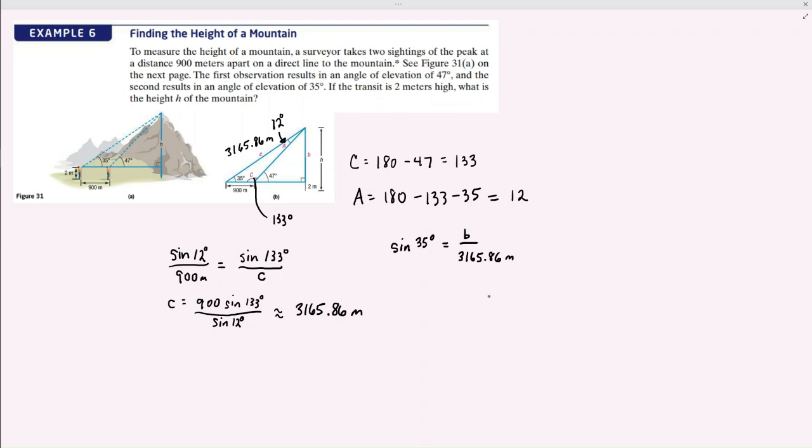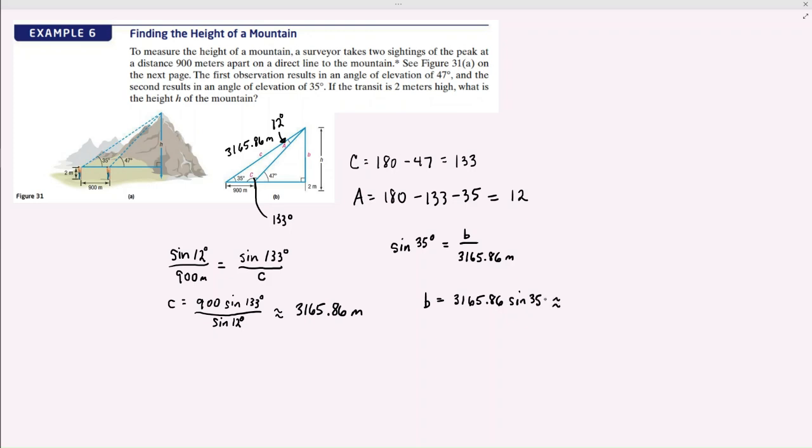Alright, so to find B, all we have to do is multiply both sides by the denominator here, so we're going to get B is equal to the product of 3165.86 and the sine of 35 degrees.